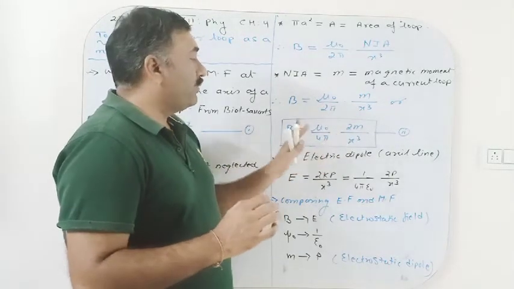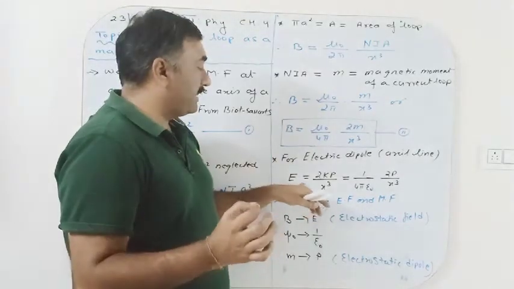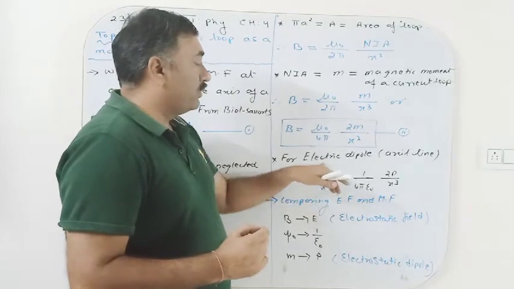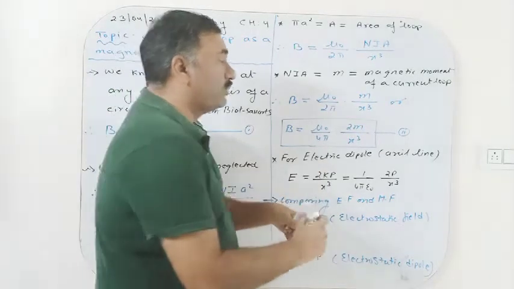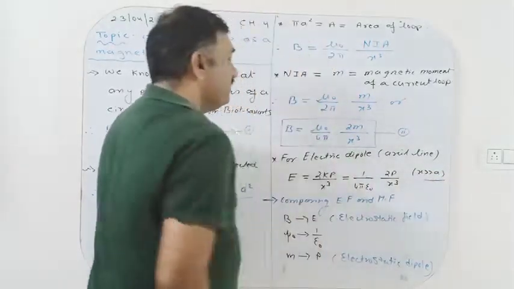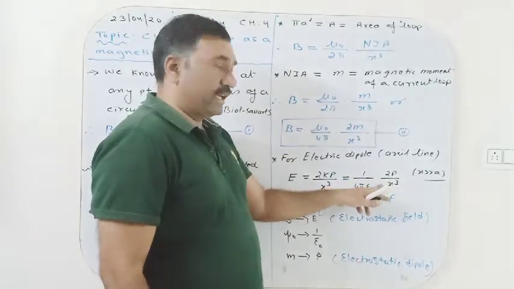Compare this formula with the electric field at any point on the axis of an electric dipole, which is 2 k p upon x cube for x much greater than a. What is the value of k? 1 upon 4 pi epsilon 0, so 2 k p upon x cube.